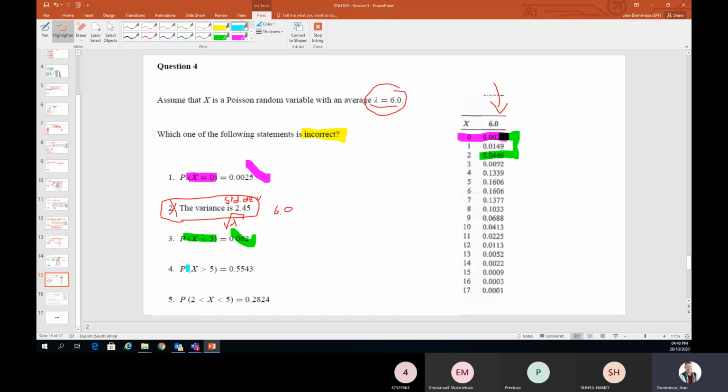Okay, so bigger than 5. Bigger than 5 excludes 5 because it's not bigger or equal to 5, it's only bigger than 5. So it is basically from there up until here, all of these numbers.